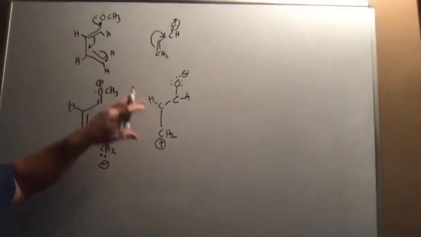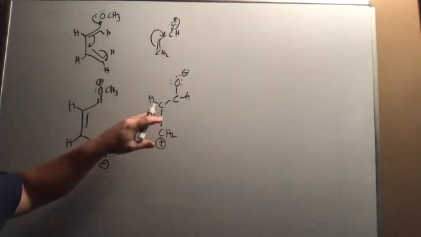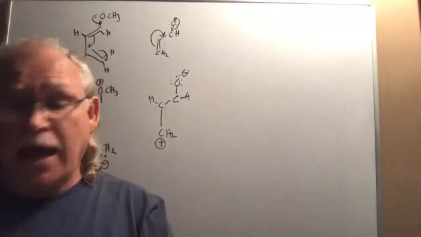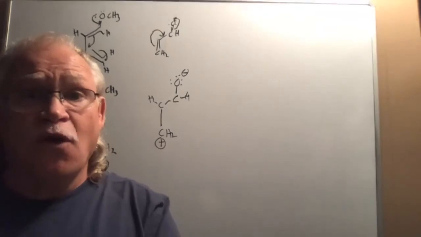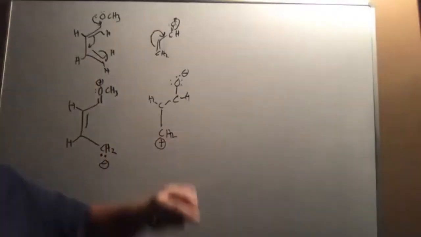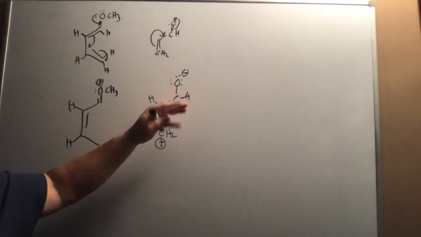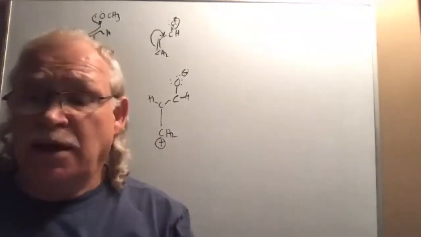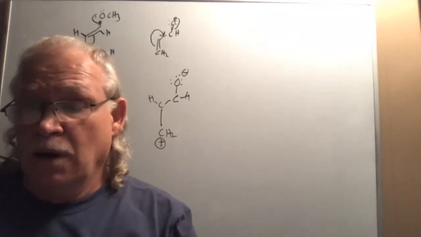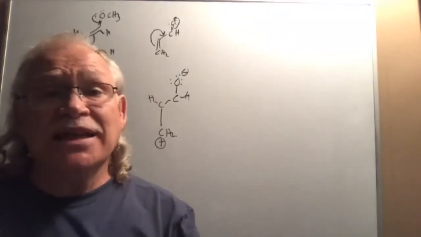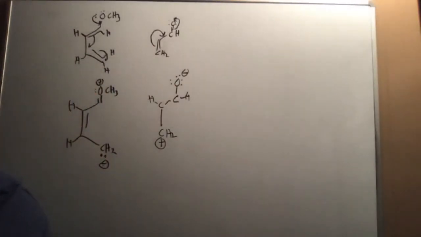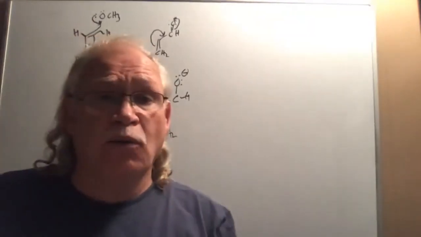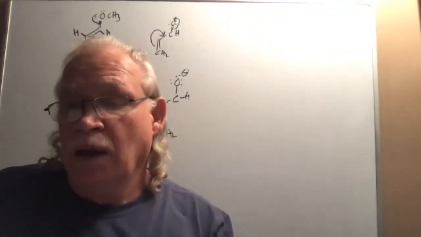So because of these resonance structures, it forces the molecule into this orientation so that it will react to give us only the 1,2 or the 1,4. The 1,3 product would require the positives and negatives to be close to each other. That's all we're saying. So resonance explains why the 1,3 rule does not work and the 1,2 and 1,4 rule does work.